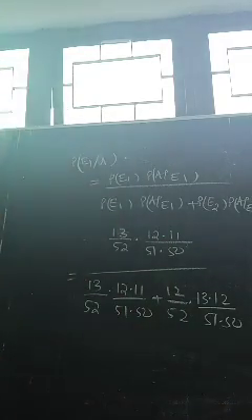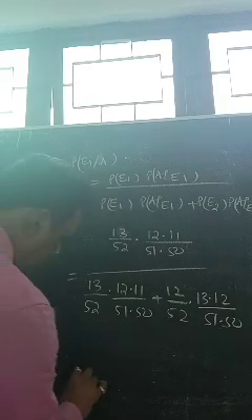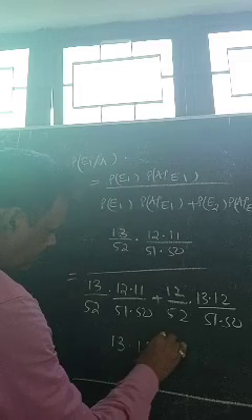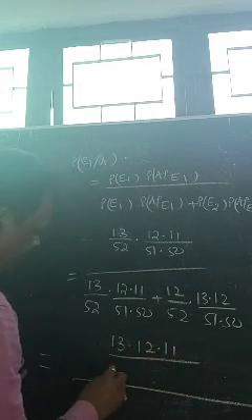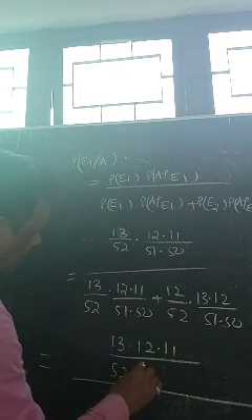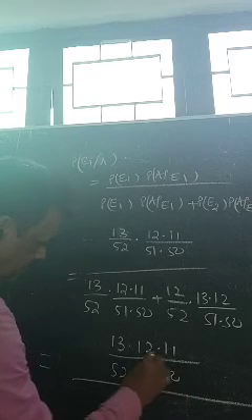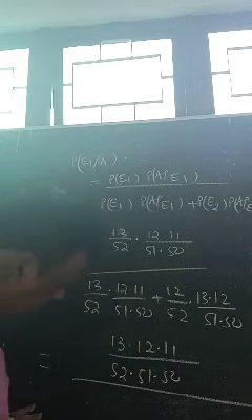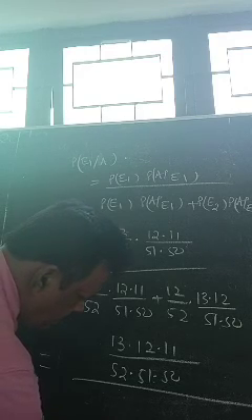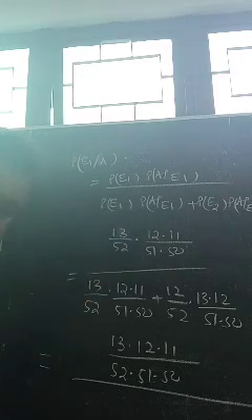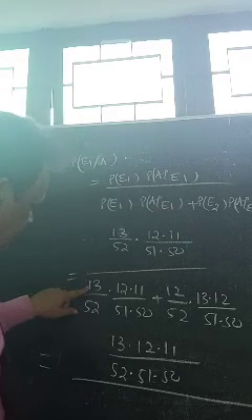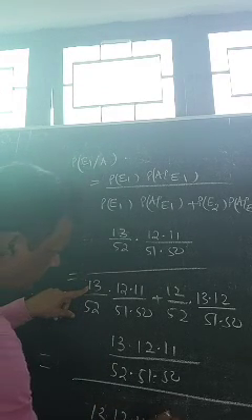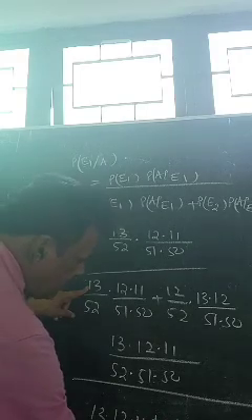In the numerator, this is 13, 12, 11 by 52, 51, 50. Here also 52, 51, 50. Then what is here? 13, 12, 11 plus 39, 13, 12.